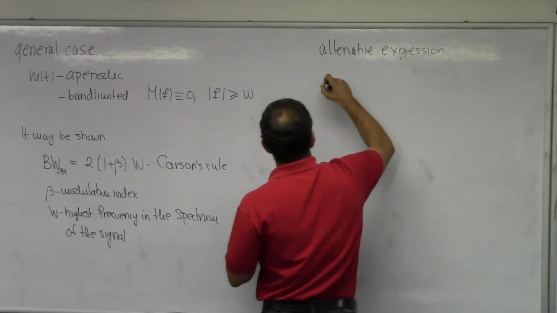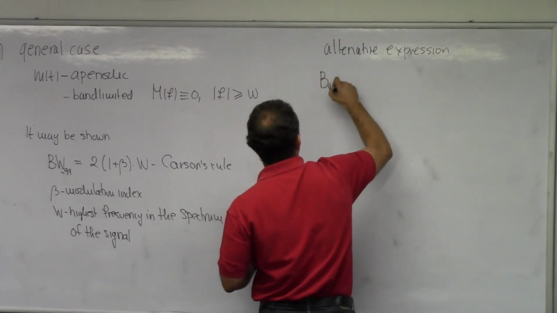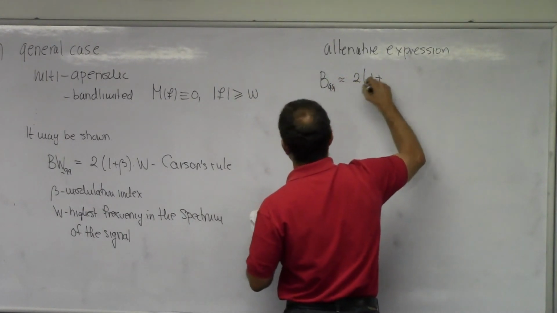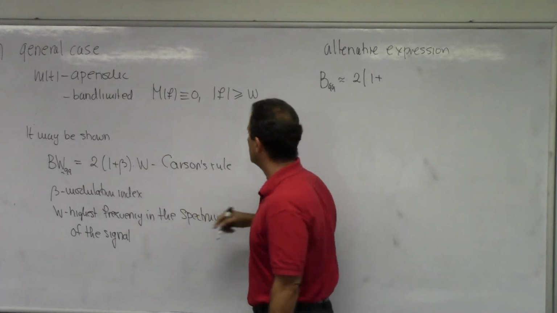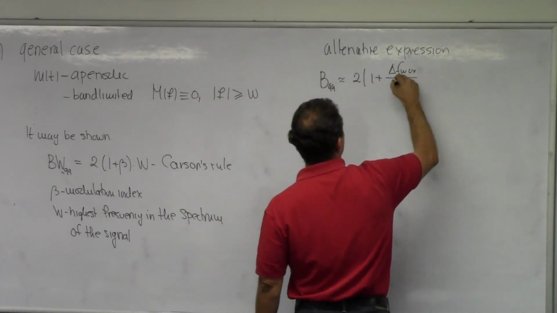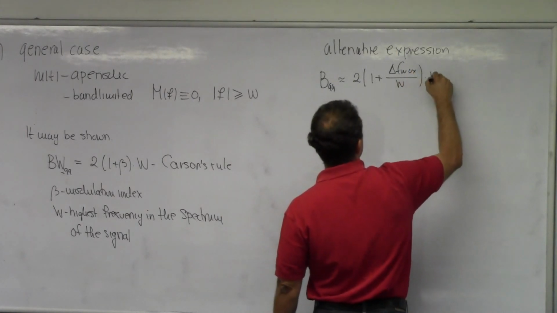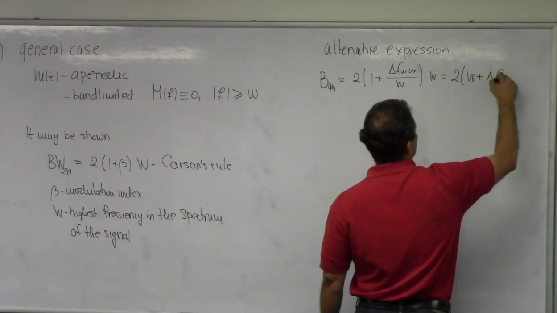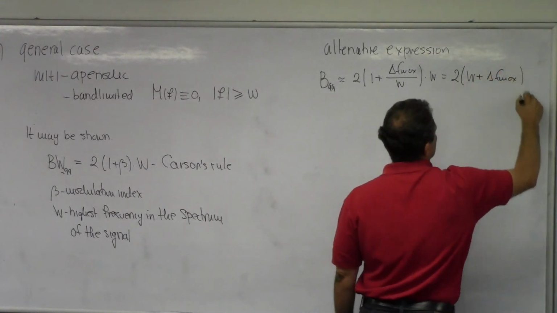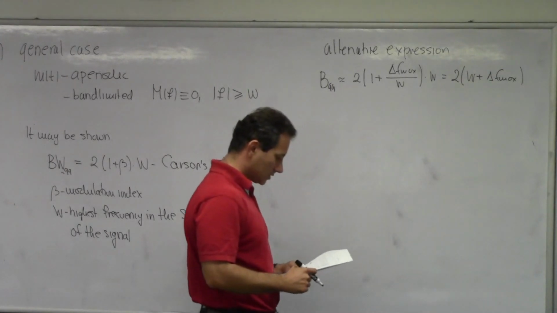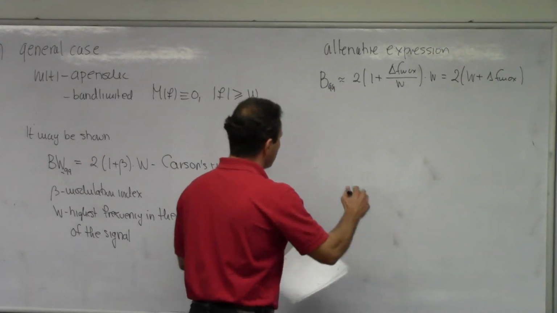Also used quite often is to say that the bandwidth is approximately 2 times 1 plus beta times W. If you remember, beta can be written as the maximum frequency deviation divided by the bandwidth of the signal. So this gives you the expression 2 times W plus delta F max. So that's another version of Carson's rule.